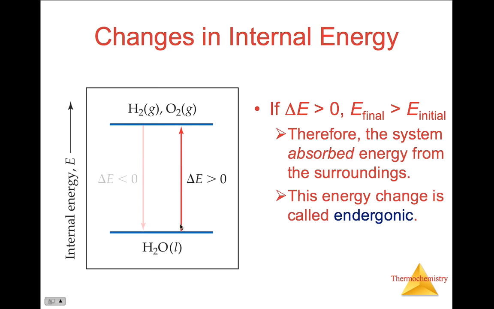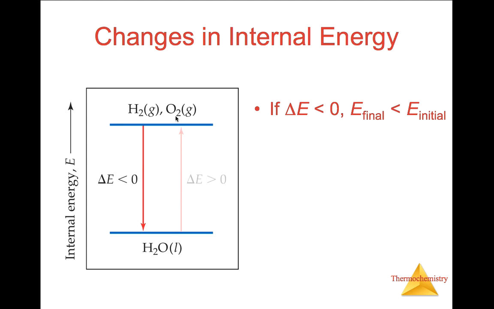You can see that the change in internal energy would have to be greater than 0 to go from liquid water to H2 and O2. Therefore, the system would absorb energy from the surroundings to go from liquid water to H2 and O2. It makes sense that you'd have to put energy into the water to split it up into its component hydrogen and oxygen atoms. This energy change is called endergonic.